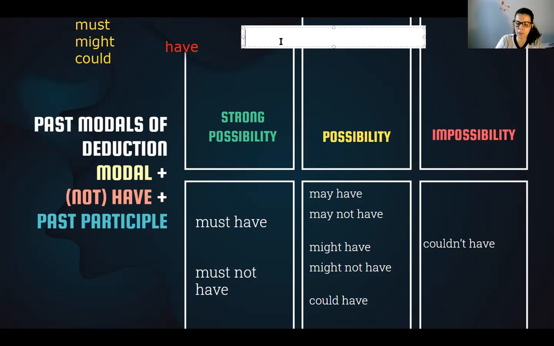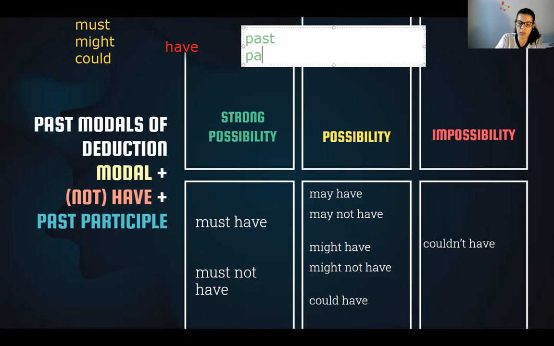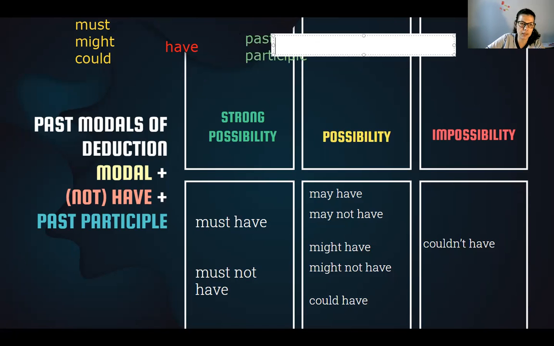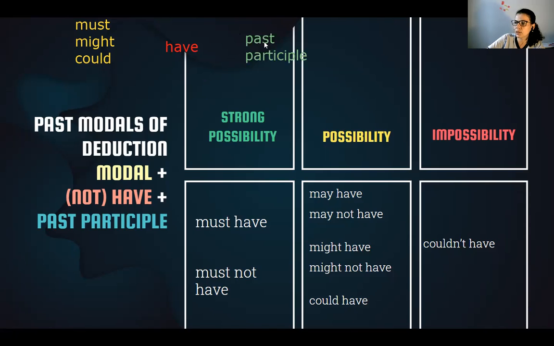Remember here, the past participle for regular verbs is the one that ends in ed, and for the irregular ones it is the one in the third column, okay? This is the structure. So we use this to talk about strong possibility, just a possibility, or an impossibility.